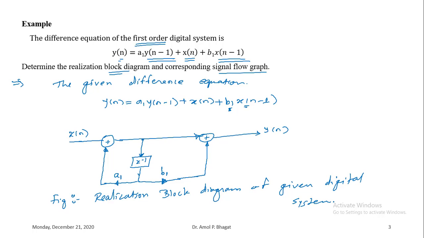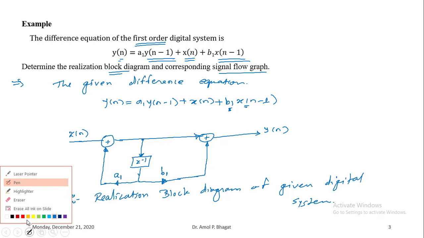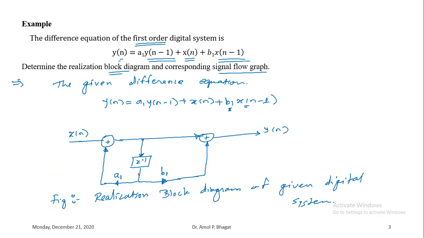While solving this problem you should only draw this diagram, but for your understanding I'll specify here the inputs which are coming. Here x of n is coming as input to this adder. Here b1 x of n minus 1 is the other input to this adder, so these two signals will be added here.